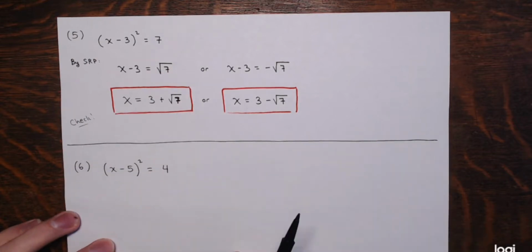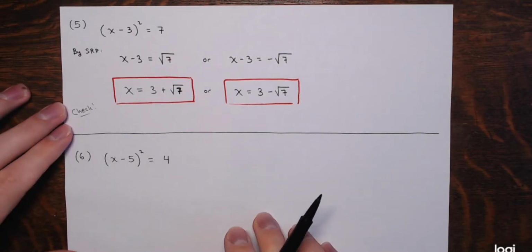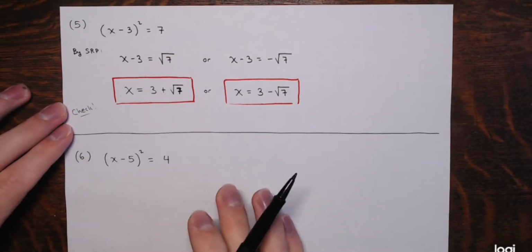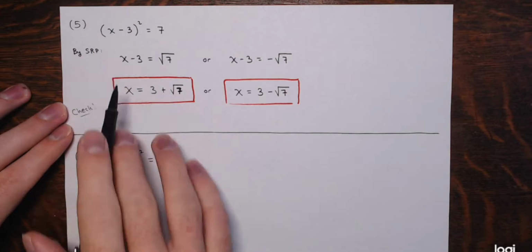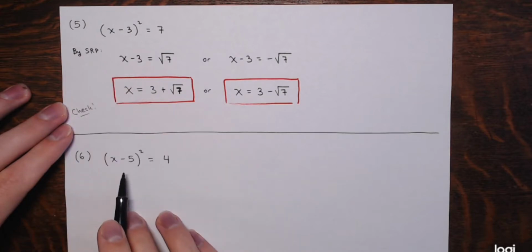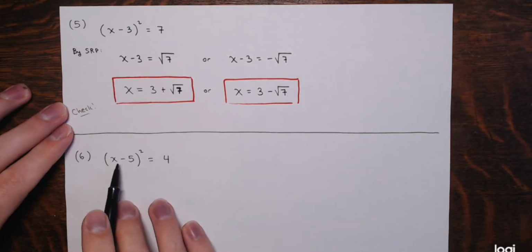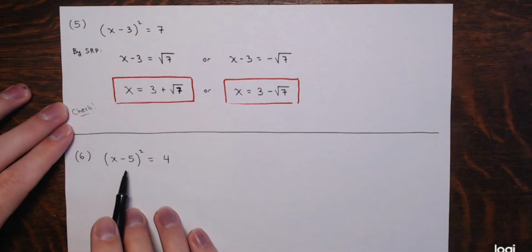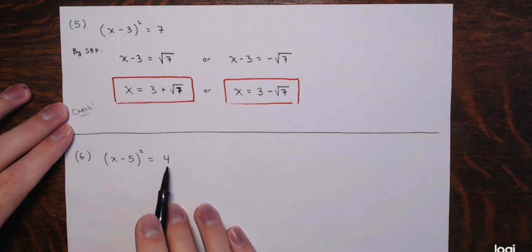Wonderful. All right, and finally, one last example. Like in example 5, it's already set up the way that I want to be able to apply the square root property right now. I have my variable expression squared on its own side, and just a constant on the other side, no variables.